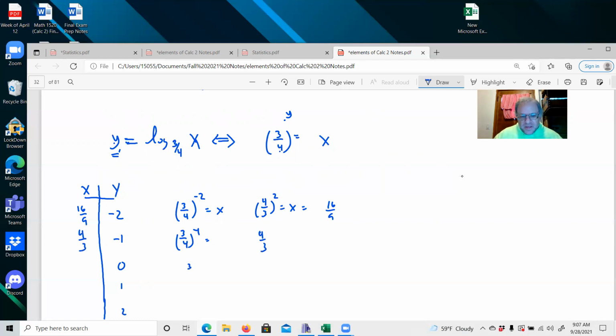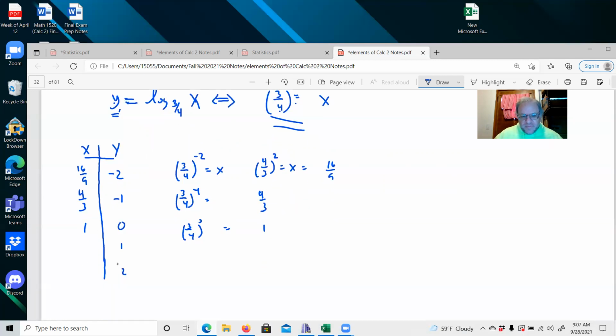(3/4) to the 0, to the y, at this equation right here, this is just going to be 1. (3/4) to the 1 is just 0.75, 3/4. And then (3/4) squared, that's going to be 9/16.